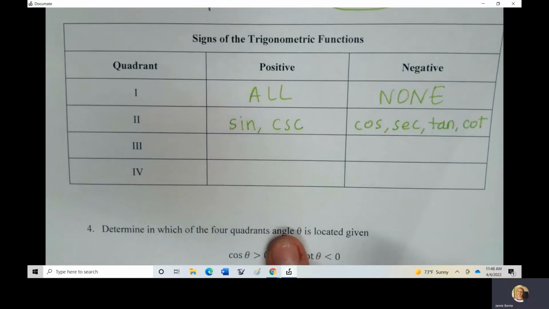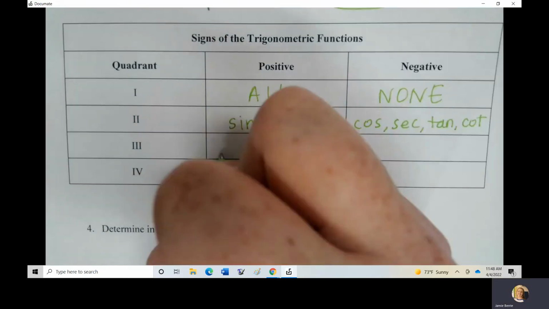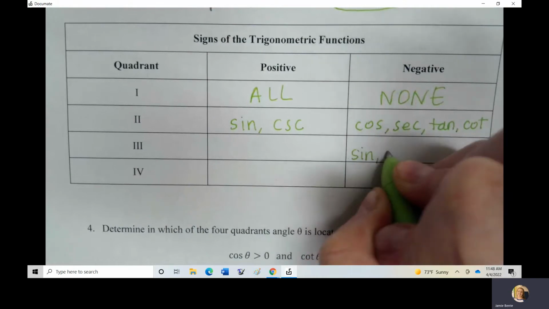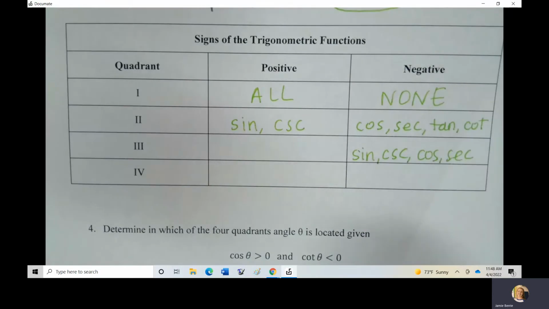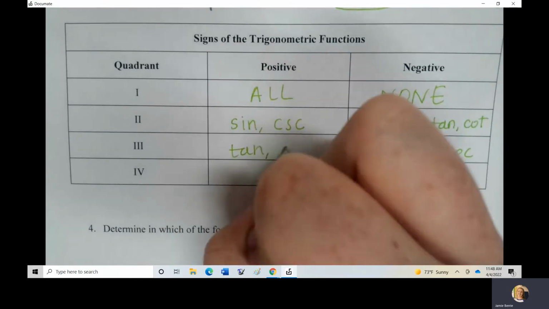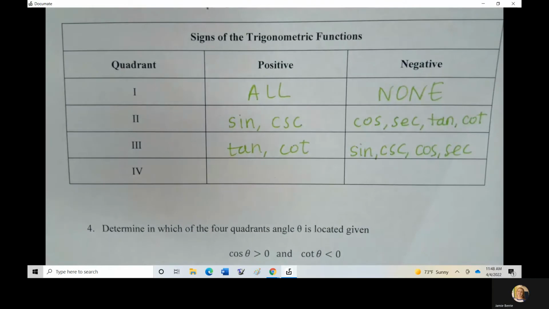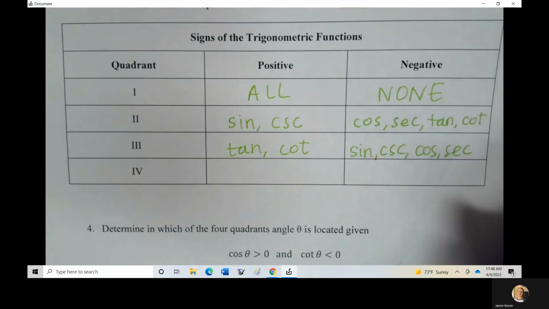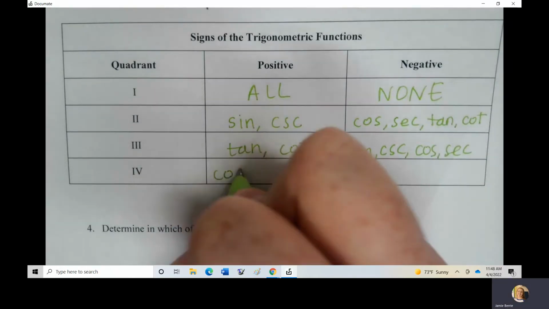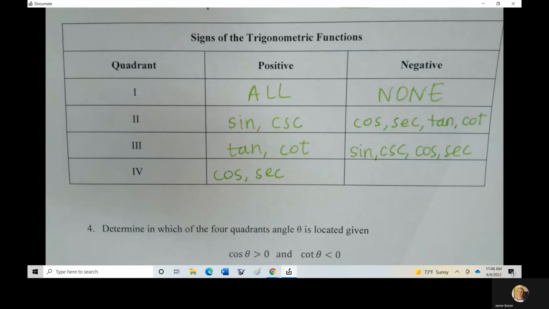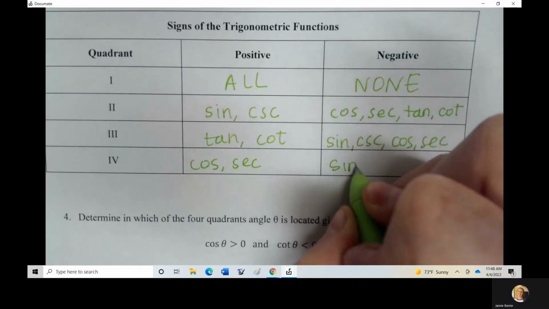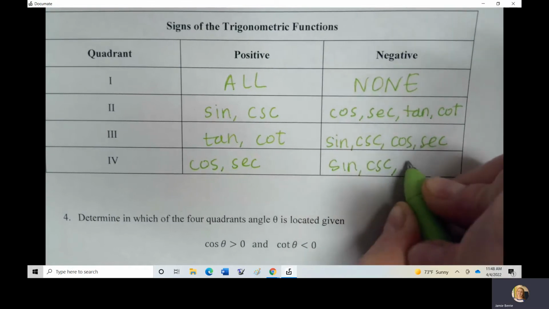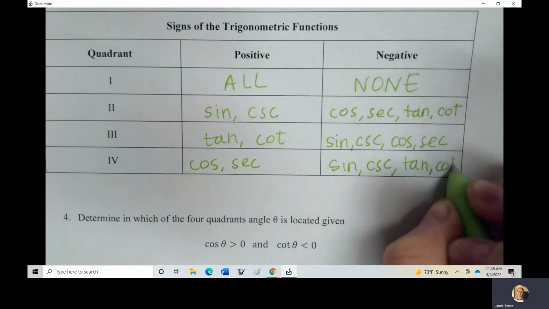In quadrant 3, let's see, sine and cosecant are negative, and the positive ones are tangent and cotangent. All right, and then in the fourth quadrant, cosine and secant are positive, everything else is negative. So that's sine, cosecant, tangent, and cotangent.